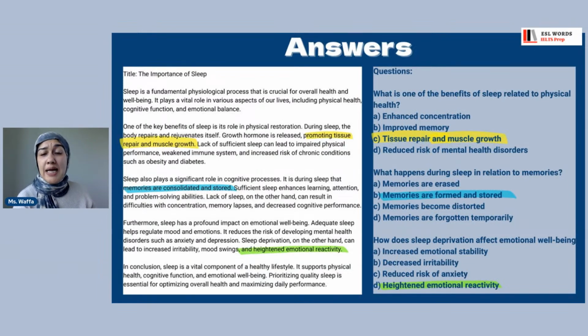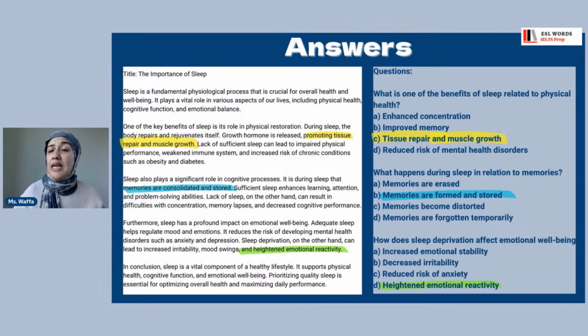So once again, mental health and emotional well-being are synonym words, as you see in this particular paragraph, which is a big hint that's where you would find the answer. Sleep deprivation, on the other hand, can lead to increased irritability, mood swings, and heightened emotional reactivity.